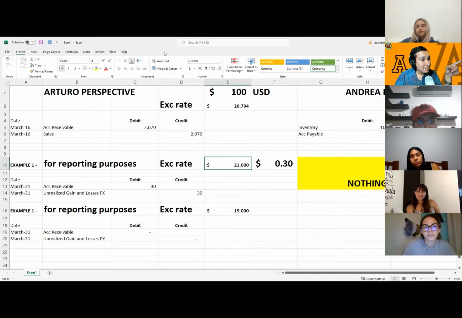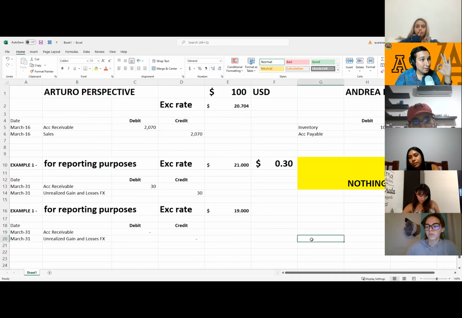Yeah, Samantha says appreciated. No, depreciated. Why depreciated? Because the dollar went from 20 to 21. Awesome that you get that concept. Everybody's on the same line, guys? The peso got depreciated in this case.